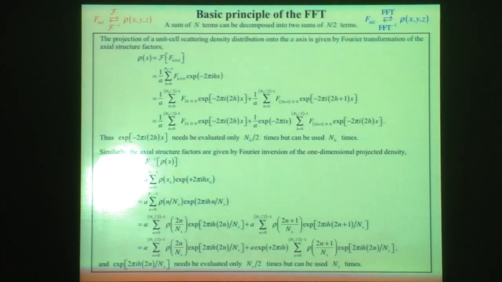And what we notice there is that when we compute each of these sums, because of the appearance of this 2h plus 1 and so on, we in each case have to evaluate this quantity, which comes out to be 1 over a times this complex exponential.